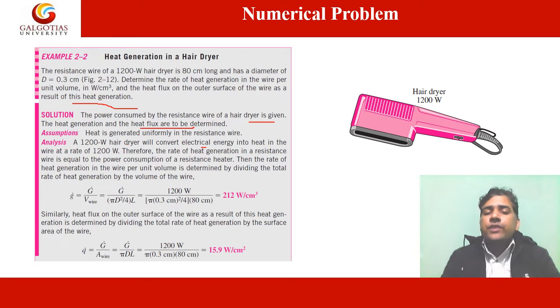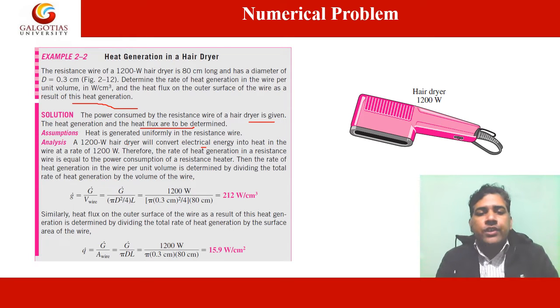Therefore, the rate of heat generation in the resistance wire is equal to the power consumption of the resistance heater. Then the rate of heat generation in the wire per unit volume is determined by dividing the total rate of heat generation by the volume of the wire.